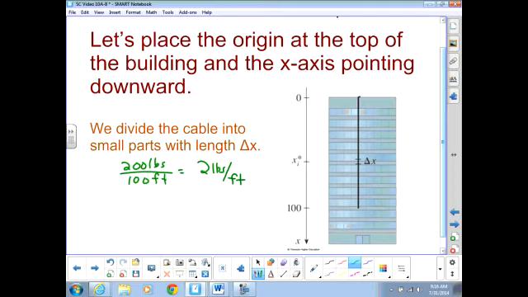And in a lot of these problems, you're going to have to set up some type of axes. So we're going to say 0 is at the top, and x is the distance from the top.